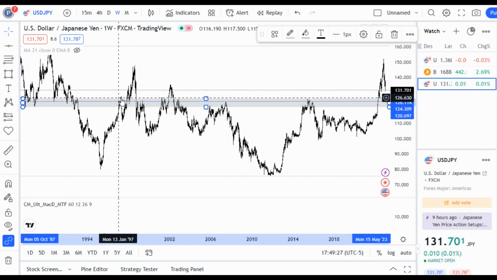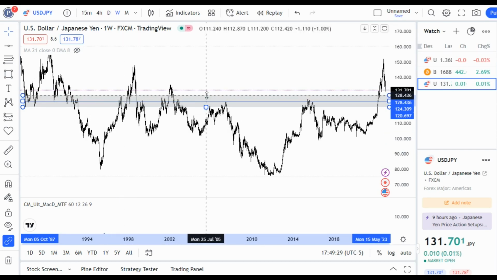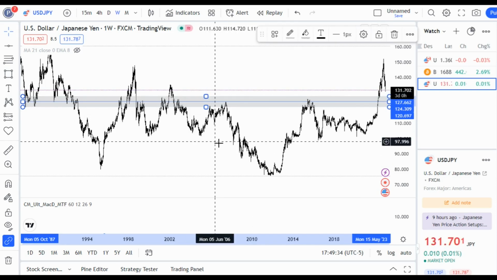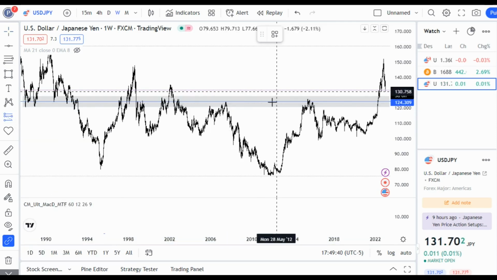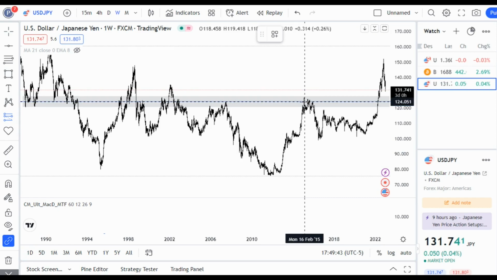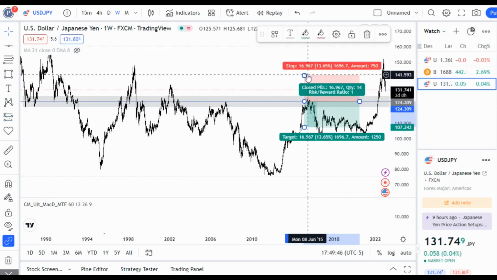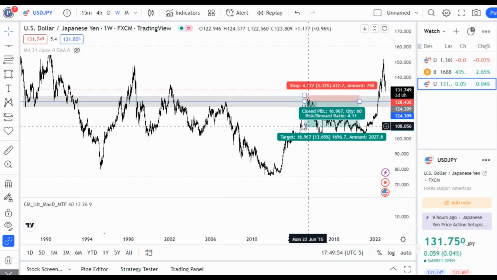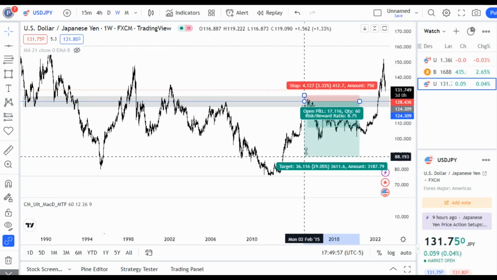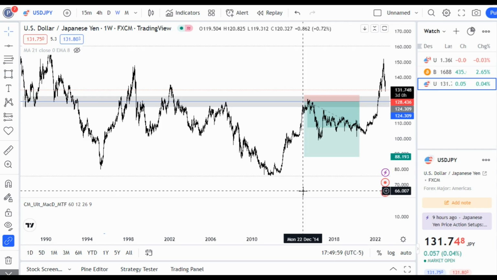So you can see this area here. Assuming you want to put a trade here, this is where I'll put my trade, and the stop loss will be somewhere here, or you can put it exactly on that gray line there.